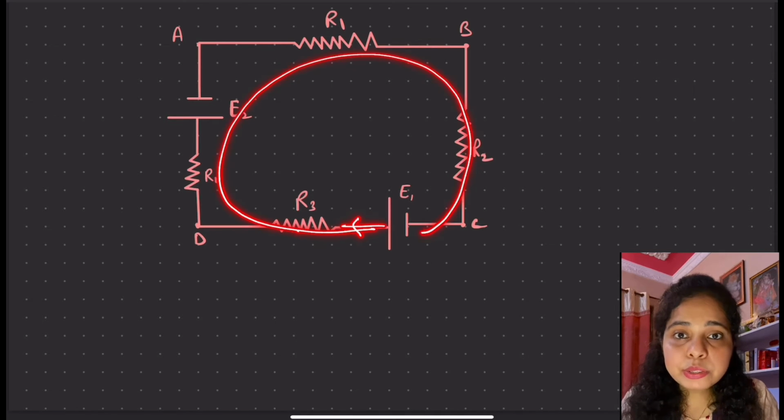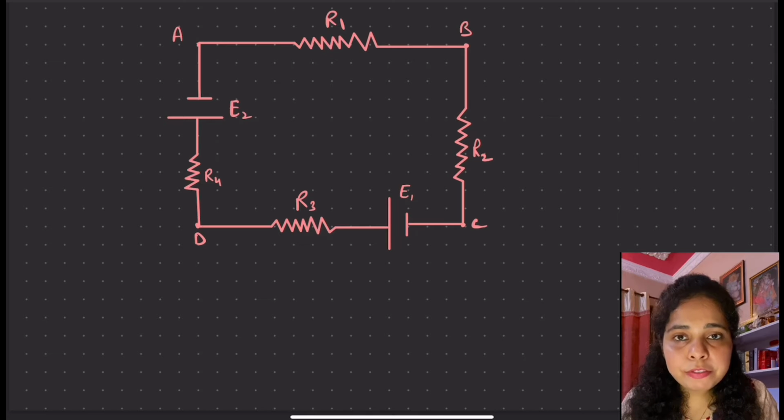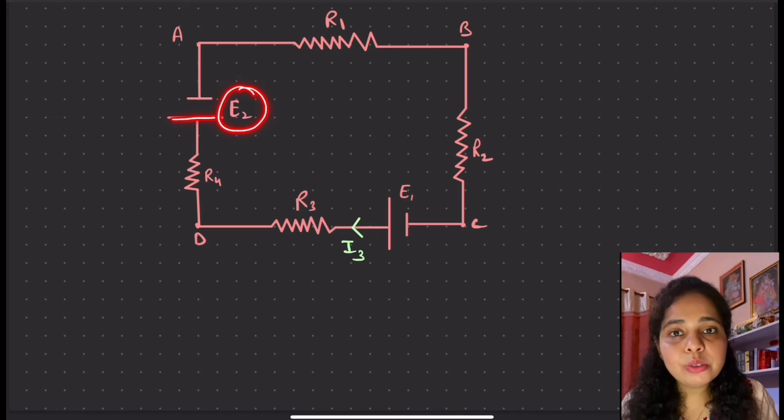So this EMF E1 is going to send current through the resistor R3 from direction C to D. Let us say I3 current is passing through the resistor R3, and therefore the direction of current will be marked towards D. When we look at the branch AD, we have a cell of EMF E2, such that this cell will also send out its current from the positive terminal.